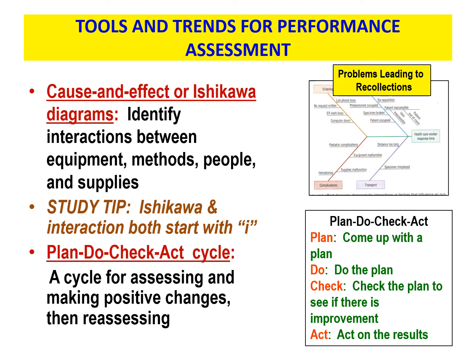And then you check the plan to see if there's improvement. In January, if there was 30, in February, you hope there's 20. In March, there's 10, right? And then you act on those results. In other words, if I had 30 in January and 30 in February and 35 in March, then I need to act, because those results are not giving us what we need. So we need to change whatever we were doing.